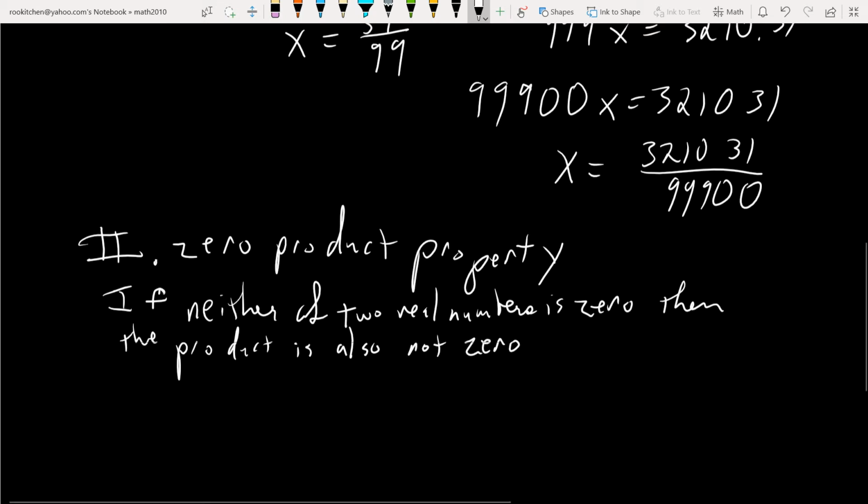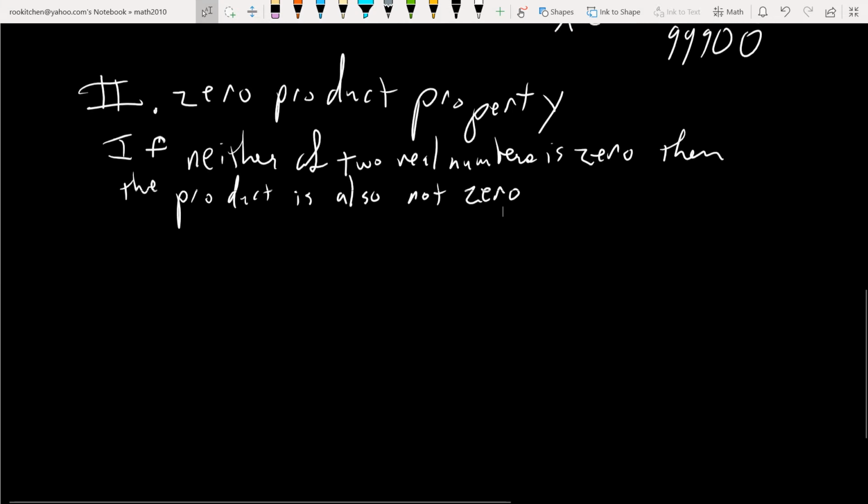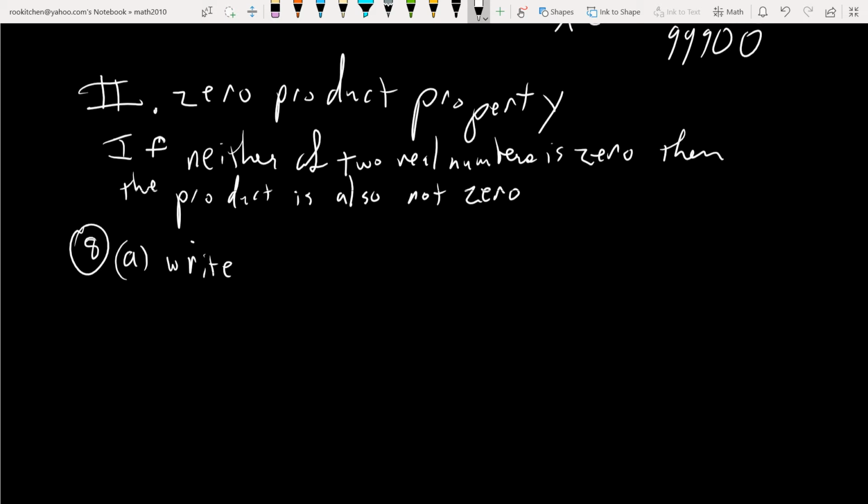Okay, we're more familiar with it in its contrapositive form, and if you look at number 8, they'll have you figure that out. So number 8, first they want you to write the zero product property formally.